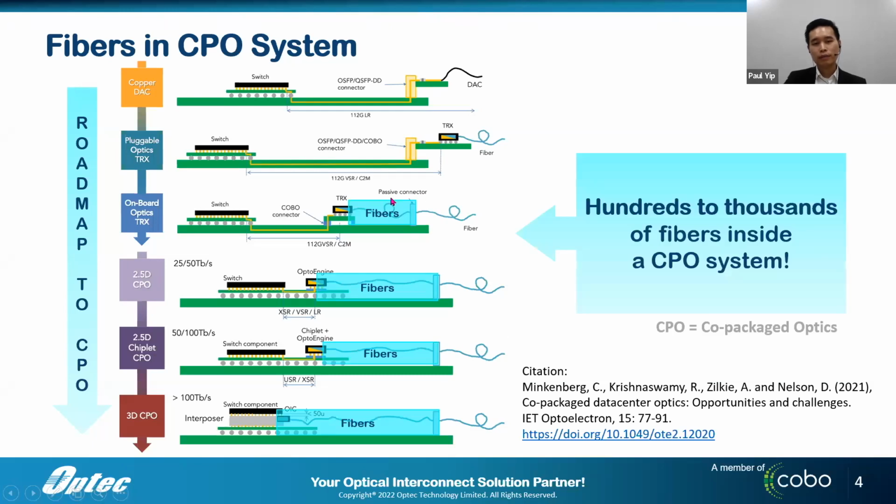So we see a lot of fibers inside. We're talking hundreds to thousands of fibers within the 1U box. So the amount of fibers is massive. So how can we deal with that?